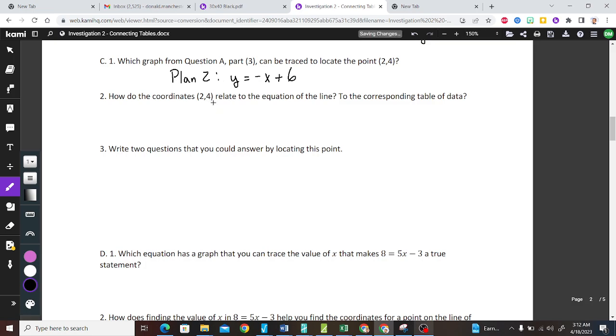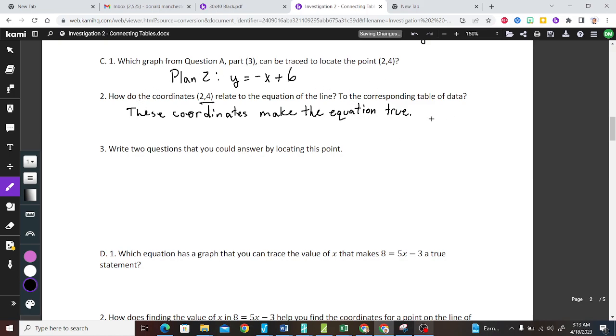How do the coordinates 2, 4 relate to the equation of the line? Well, what they do is these coordinates make the equation true.